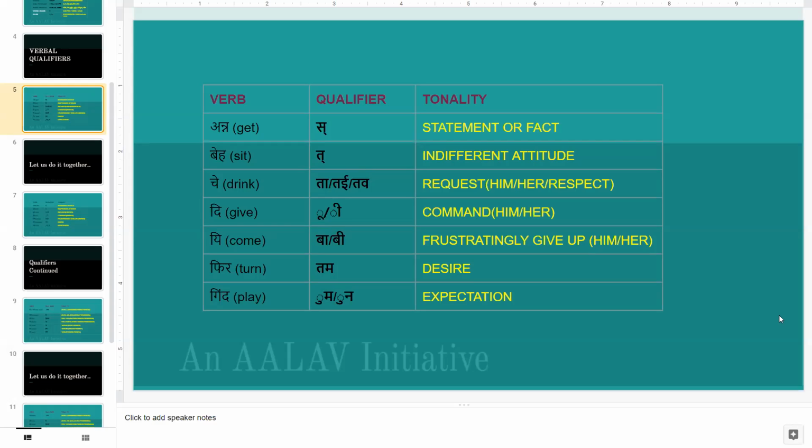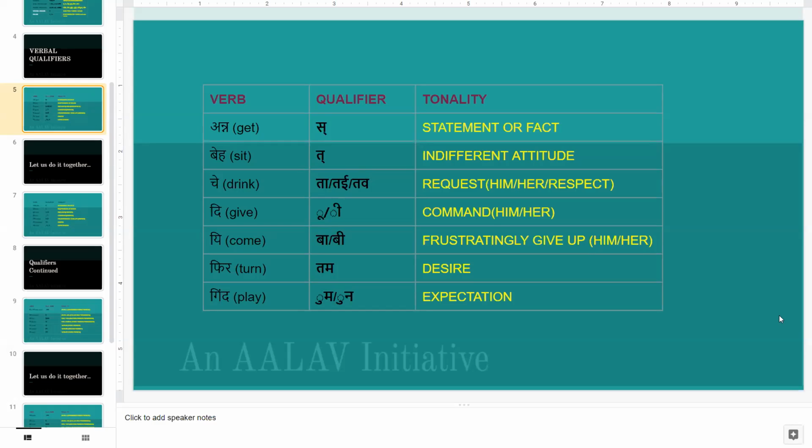Similarly, team B, the verb was be. Same thing. Bes, bet. Bet shows he's indifferent whether he will sit or not. He says, shall I sit here? So he says, okay, you sit. It's your wish. I don't care. Then behta.